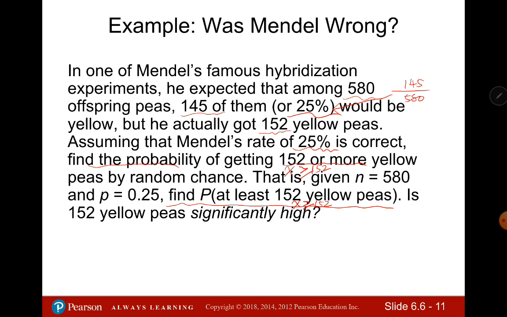which means we need to test whether 152 is a significantly high value or low value. Remember, if the probability of x greater than or equal to 152 is very small, less than or equal to 0.05, then we think this 152 is significantly high. If the probability is higher than 0.05, then we think this 152 is not significant.